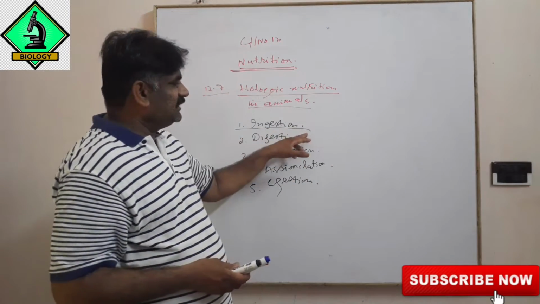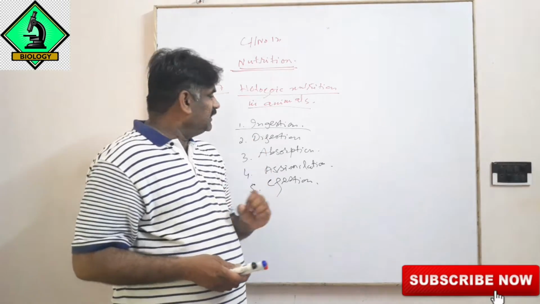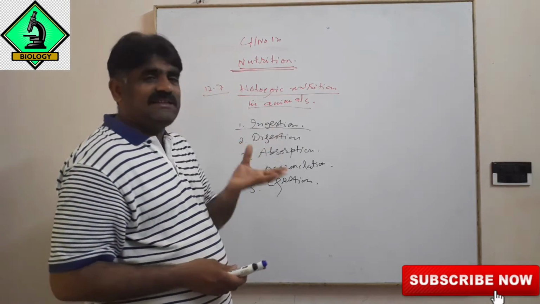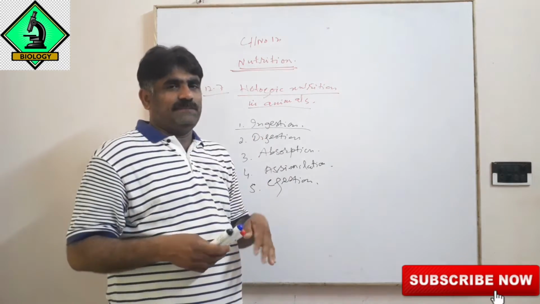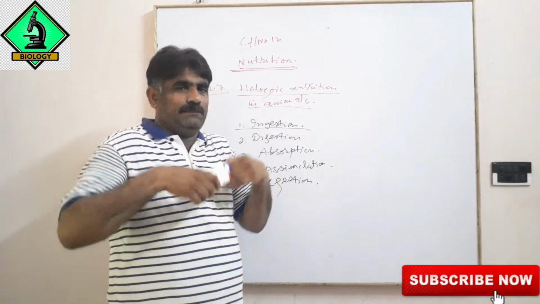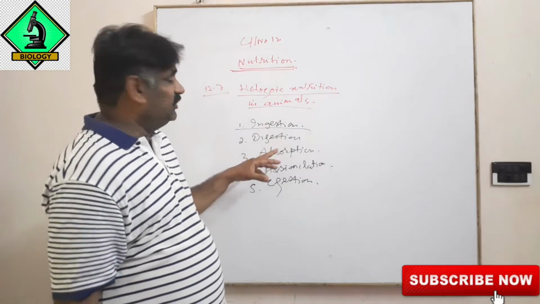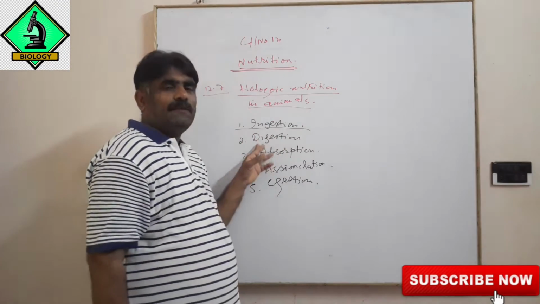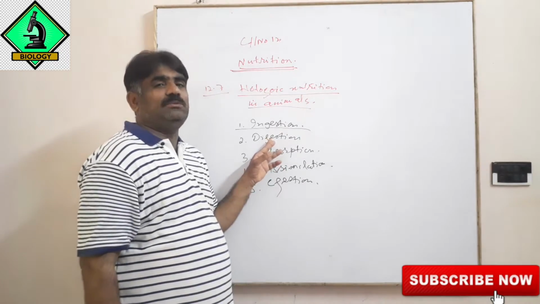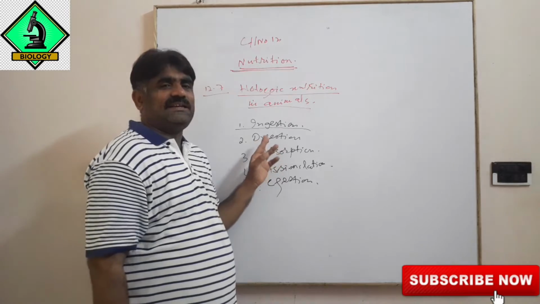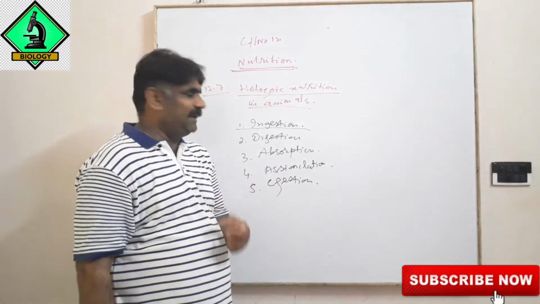So ingestion is taking in complex organic food material, engulfing it into the body. After ingestion, the food is broken down into a simpler, soluble form, so that it can be taken up by the cells through plasma membranes.